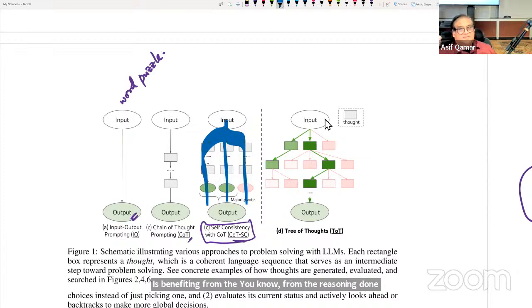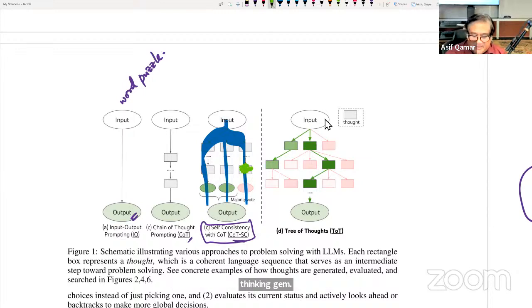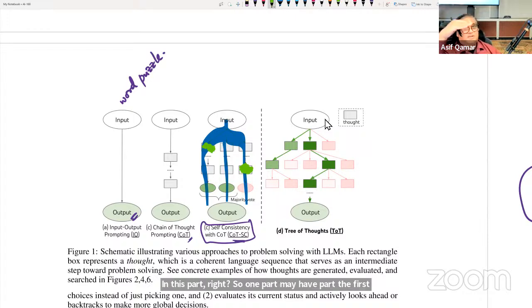The thinking steps. See, there may be a thinking gem. One guy may have thought of just the most brilliant idea here, right? And another line may have thought about the most brilliant idea here, let us say, in this part, right? So one path may have thought the first part of the first step really well, but after that made just bad decisions, right?